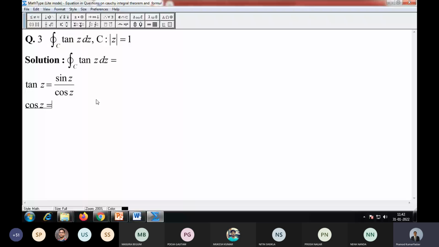Cos z equal to 0 means what? Z equal to odd multiples of pi by 2, sir. Pi by 2.